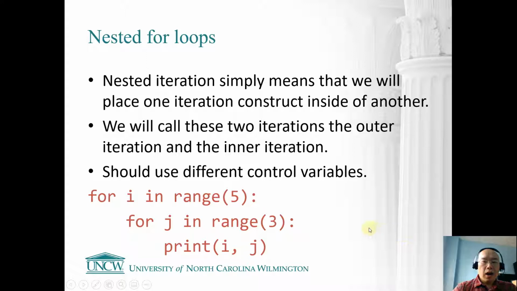So for each outer loop, how many times are we going to run the inner iteration? Range 3 means there will be 3 iterations there.